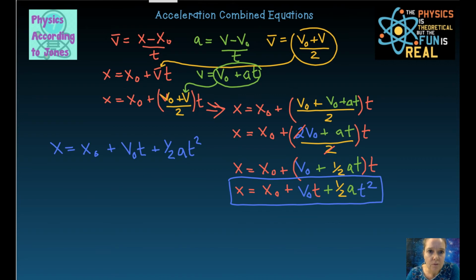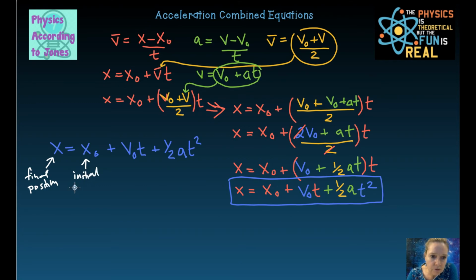Okay, so let's see here. First of all, what is this X? This X is your final position. This is, if you had a question like, where will you be if something happens, okay? This is our final position. This is our initial position.